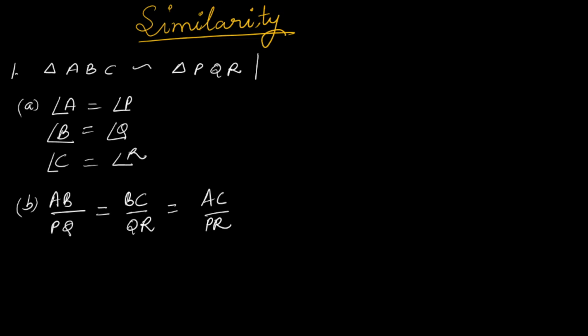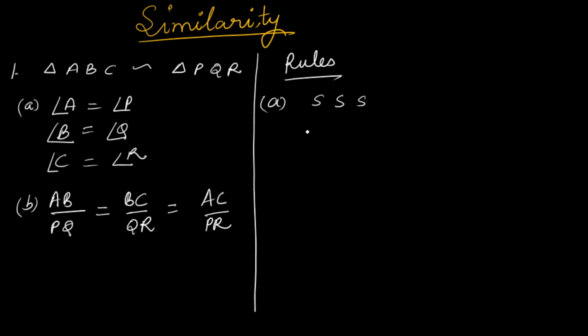Now there are a few rules for proving the similarity of triangles. I will just tell you the rules briefly, and explain them while solving the questions. The first rule is side, side, side, which means the ratio of the three sides is equal.